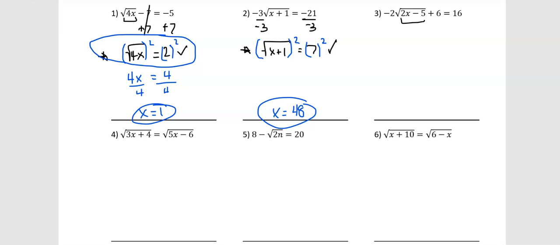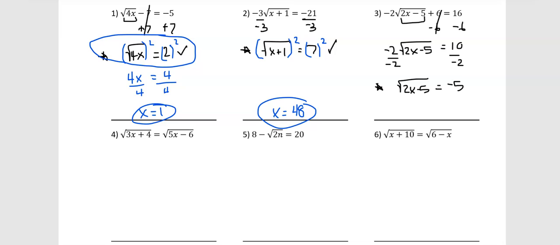Here's my radical expression. So the 6 needs to move. And I'm left with 10 equals a negative 2 out in front. So some of you will be able to see right away what happens here. When I start to divide, 10 divided by negative 2 is a negative 5. So this one right here is actually our first no solution.